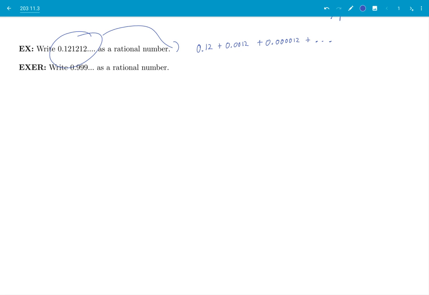So I'm going to try to get a geometric series out of this. So this is 12 over 100 plus 12 over 10,000 plus 12 over, was that a million? Is that the next one? Sure.